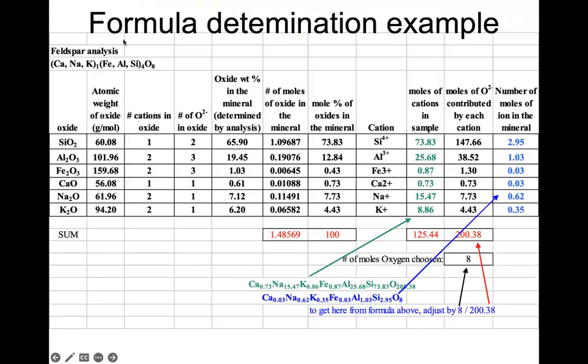So for that, we need chemical analysis of the mineral, and then we have to convert the percentages, right? For example, feldspar is analyzed. The ideal composition of feldspar is here. In the textbook, you will see the feldspar composition like that: calcium, sodium, potassium, iron, aluminum, Si4O8.